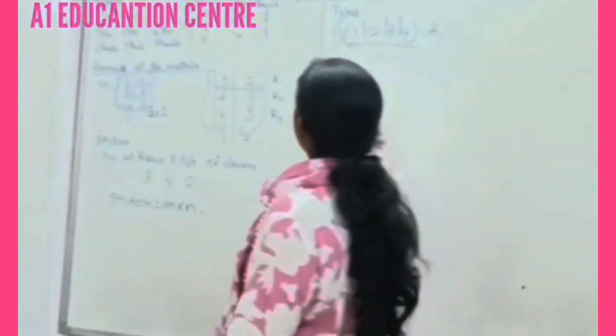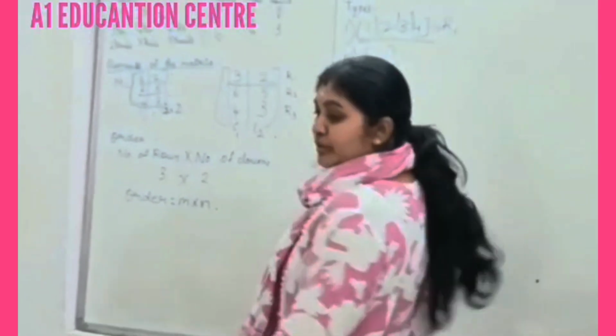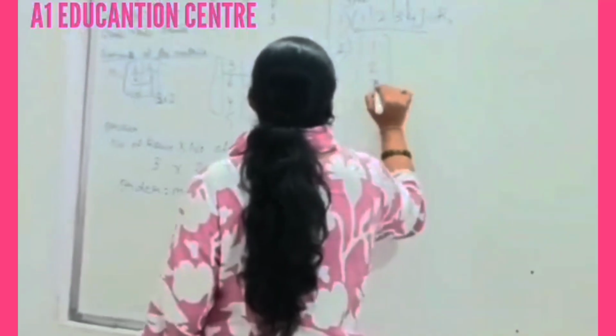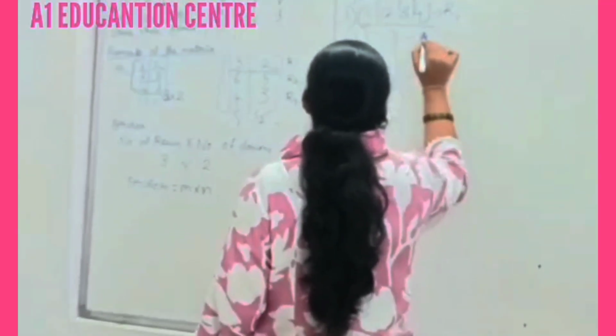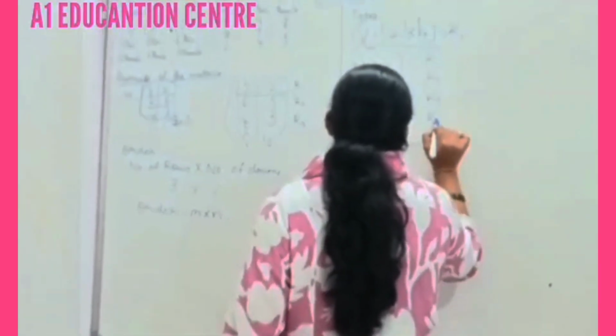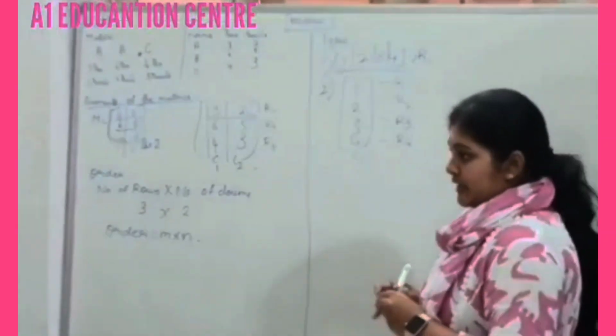In a column matrix, there is going to be a single column and a number of rows. So row matrix and column matrix is done.